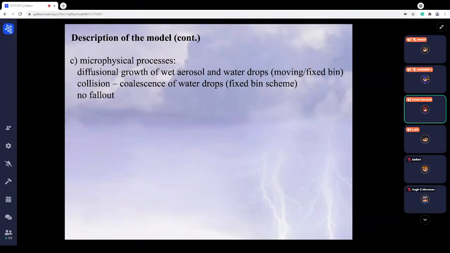When we take into consideration the curvature effect and the solution effect, in this case we use only the moving bin scheme. But when the drops become large enough, so when we can neglect both the curvature effect and the solution effect, we move to the other type of description. We use the fixed bin, because the fixed bin has a lot of advantages for the description of the collision coalescence of the water drops.